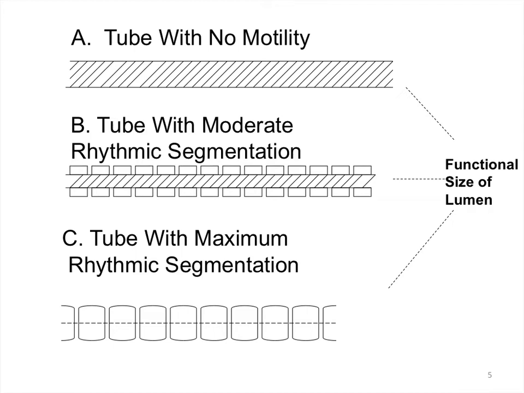Moderate rhythmic segmentation leads to a mixing, but also leads to increased resistance of the fluid and a reduced average size of the lumen of the intestine. And here we have the maximal rhythmic segmentation managed by the circular muscle.